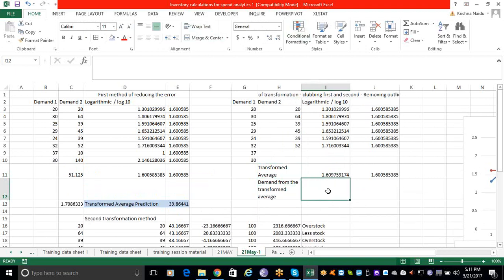So how to find demand? We have to do anti-log. Anti-log is simply taking the number 10 to the power of this value. That's coming around 40. So this is the average 40. So let me put 40 as an average now, and see how much loss we.